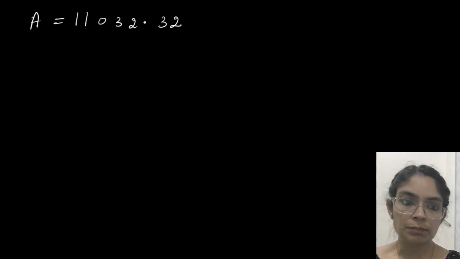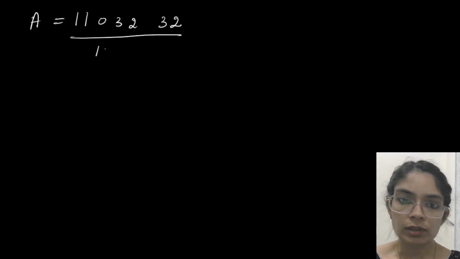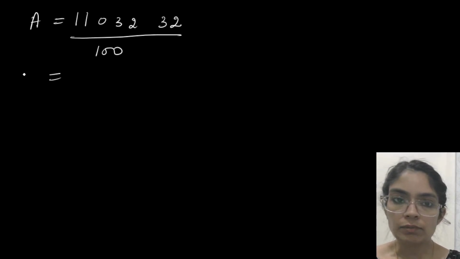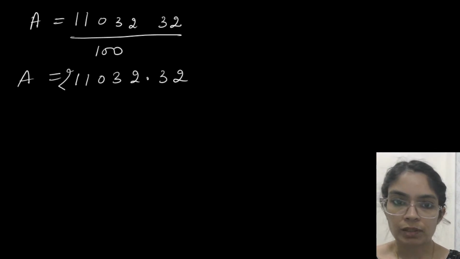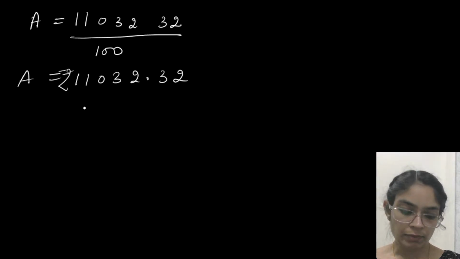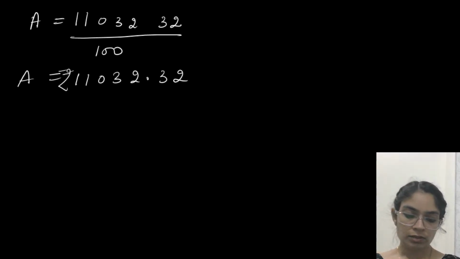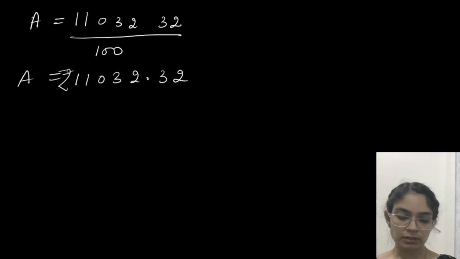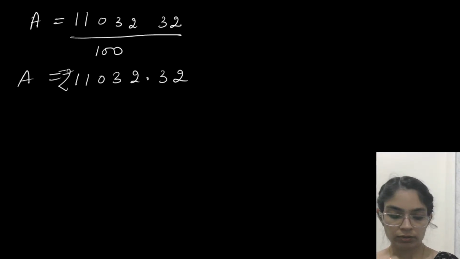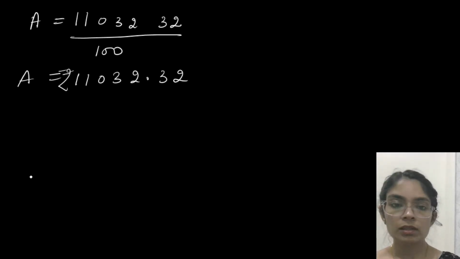I hope you have done the multiplications, and after doing multiplication, 100 was there, so you can convert into decimal. 11,032.32 it will become. So this is the amount. Okay, first one is wrong. So are you all getting this one? 11,032.32. Okay, so that's the correct answer.